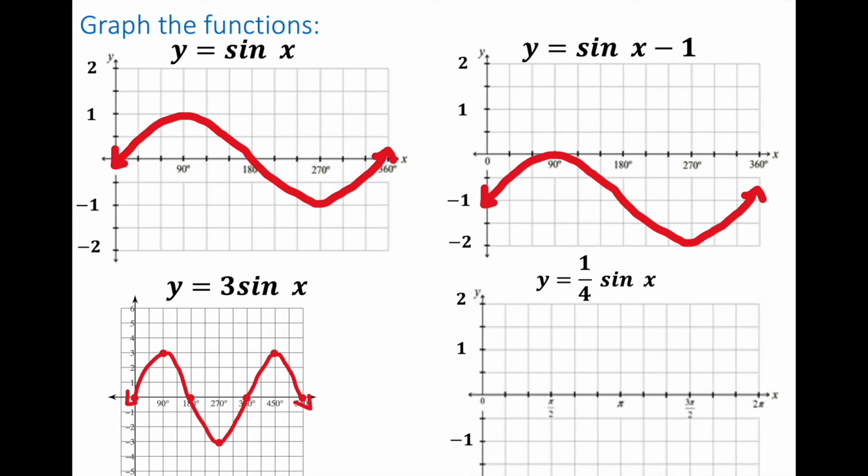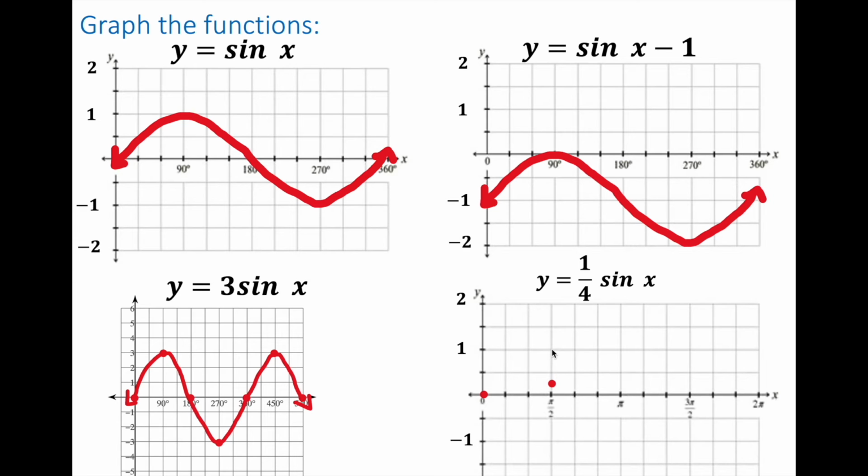Well, we could spice it up even further: one fourth sine of x. This is the same principle. We're going to take whatever sine of x is and multiply by 1/4. So at pi halves, which was 90 degrees, we were at 1, but now we should be at 1/4.